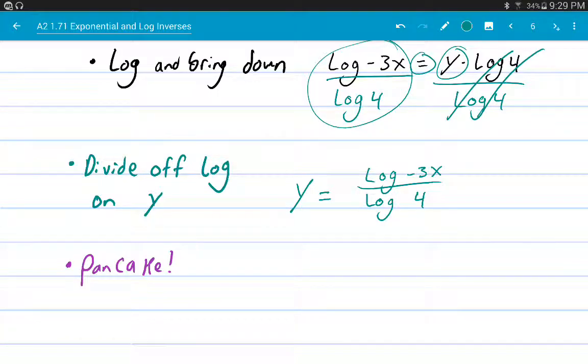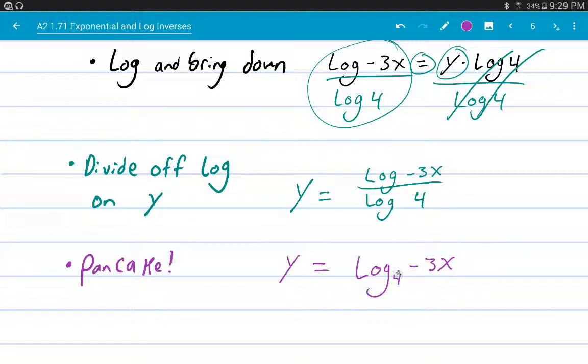And my last step to clean this up, I am going to do what we call pancake. Right? I'm going to smush this together. When I smush it together, it becomes a single log. So I've got y equals a single logarithm. The 4 is on the bottom, so it stays low, smushed down here into the base, and this is negative 3x.